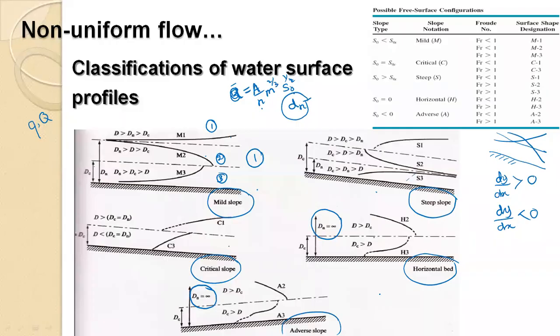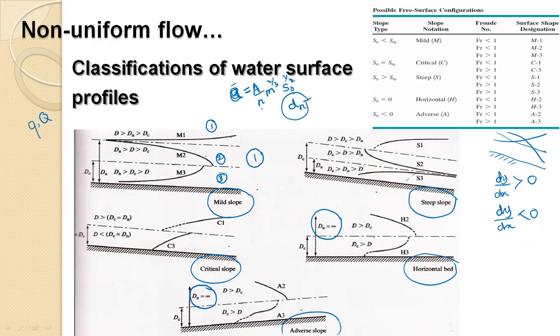If you can recall, normal depth corresponds to the flow if the flow is uniform. And if the flow is uniform, we have very clearly explained that the bottom slope should be equal to the friction slope. Now, if the bottom slope is 0, then the friction slope is also 0. Then the normal depth, the uniform flow, cannot be defined.